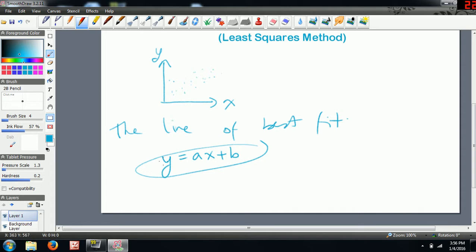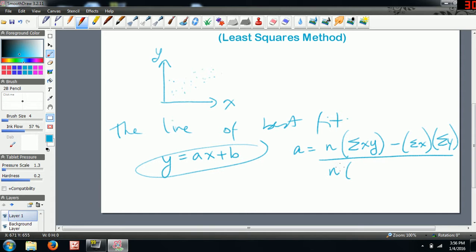And in this equation, a is equal to n, which is the number of values in your data set, multiplied by the sum of your x's and y's, minus the sum of all your x values times the sum of all your y values, divided by n times the sum of all your x values squared, minus the sum of all your x values all squared.